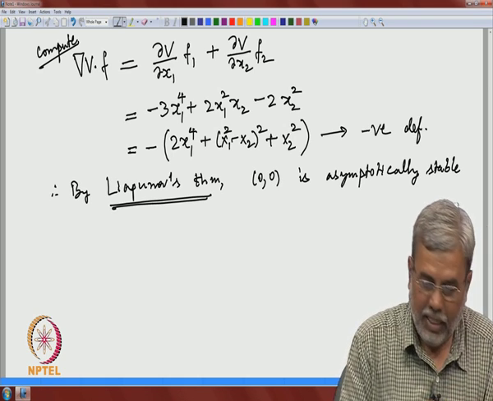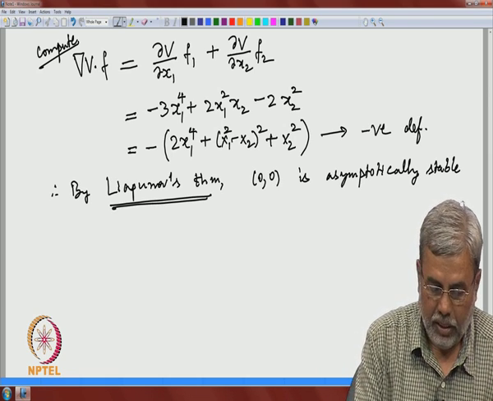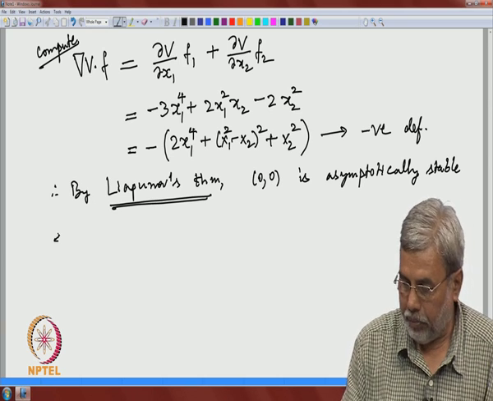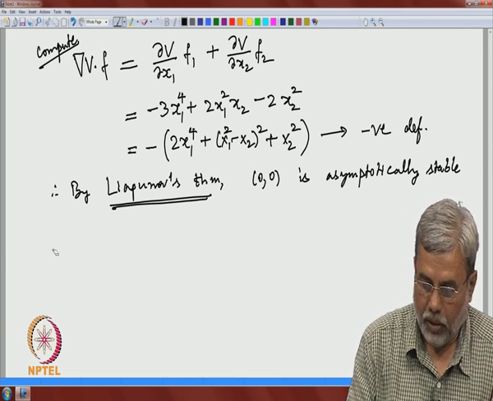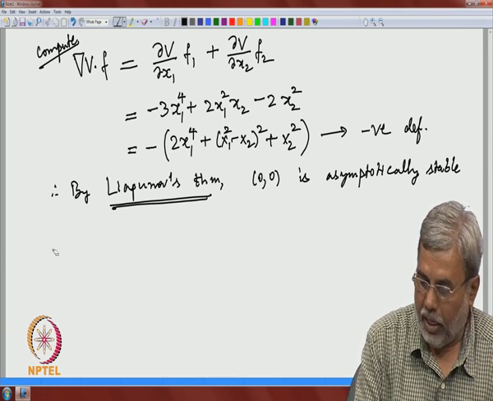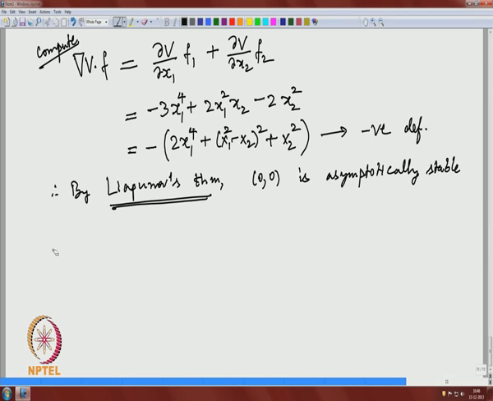Okay. Final example. So, there will be more exercises in the assignment sheet. So, you can practice this construction of Lyapunov functions for given systems. Okay.